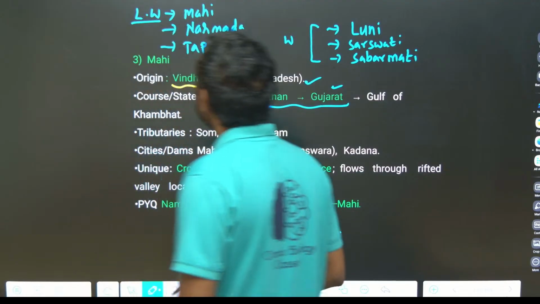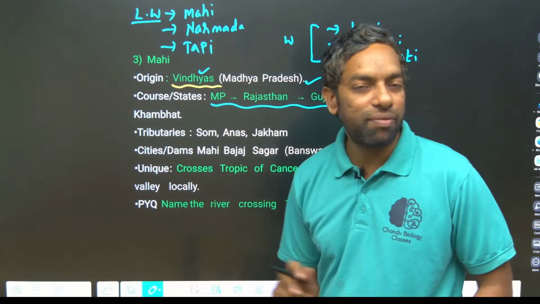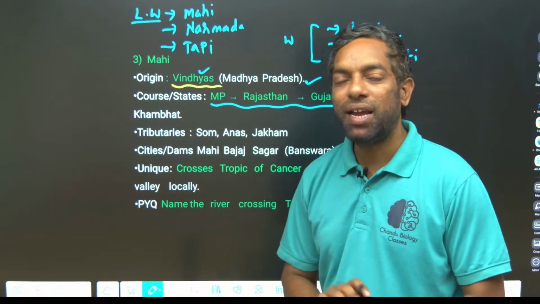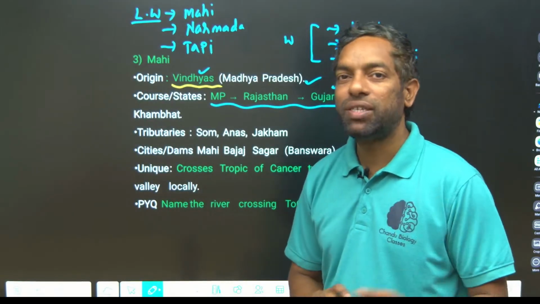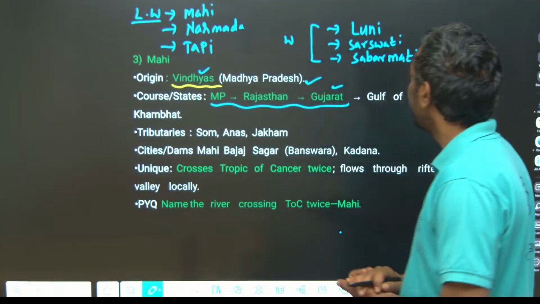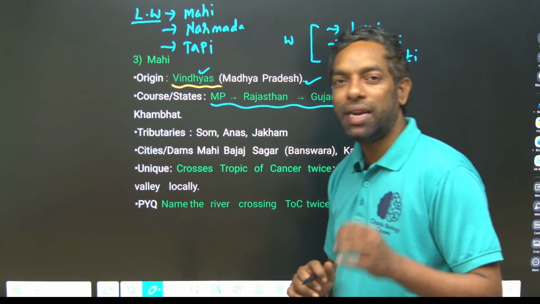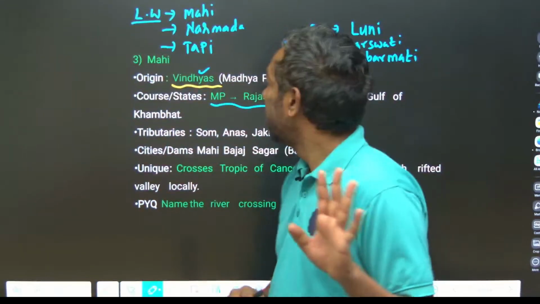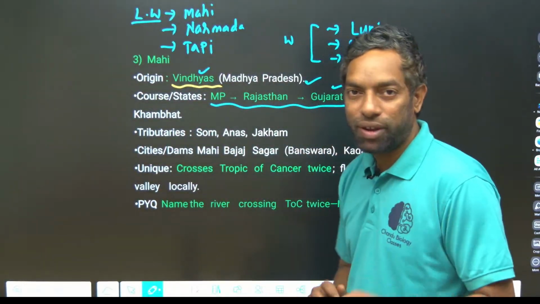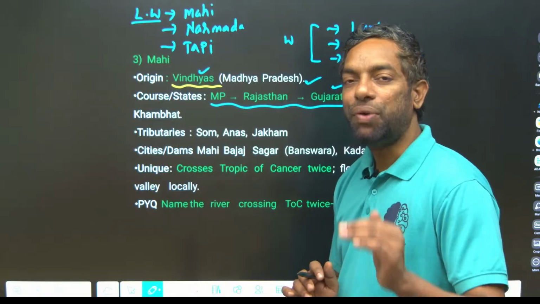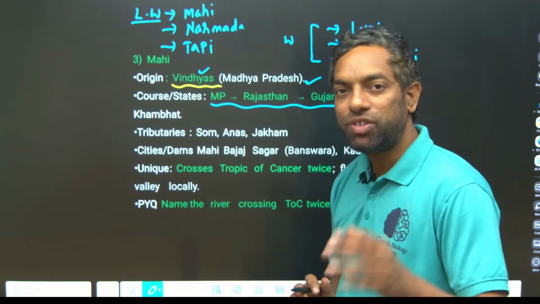Okay, these are the large west flowing rivers, Narmada, Tapi and Mahi. Small west flowing rivers are Luni, Saraswati, Sabarmati. Okay, guys, you have to remember these 6 rivers are west flowing rivers. 6 rivers are west flowing peninsular rivers.